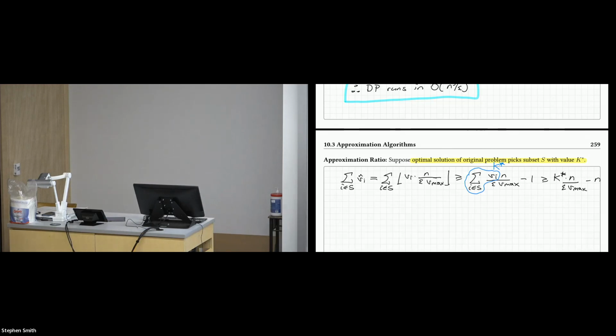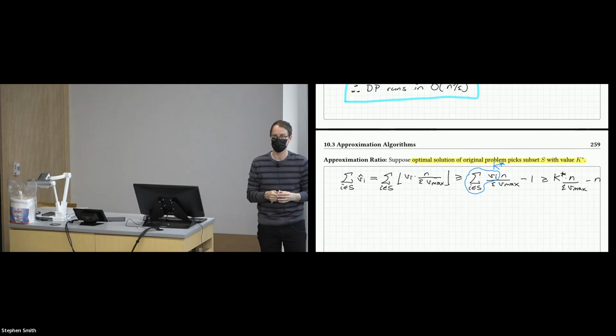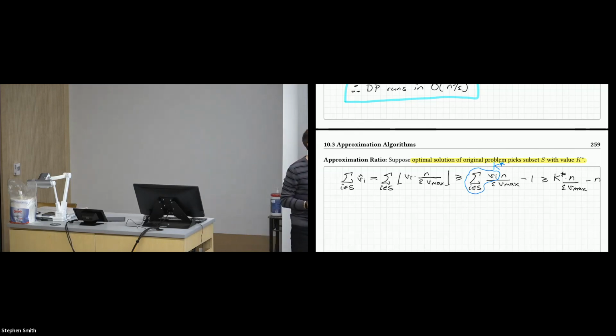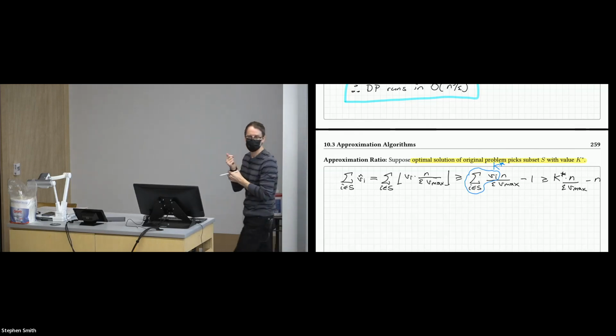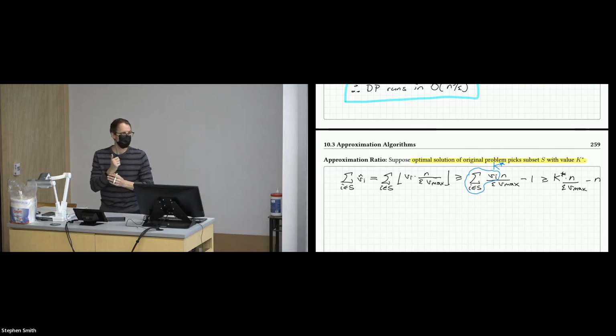The minus 1 gets summed up the number of times equal to the number of items in my optimal solution. I don't know how many items are in my optimal solution, so I just say at most all of the items are in it. And so I get an n there. Okay, so that's step 1.